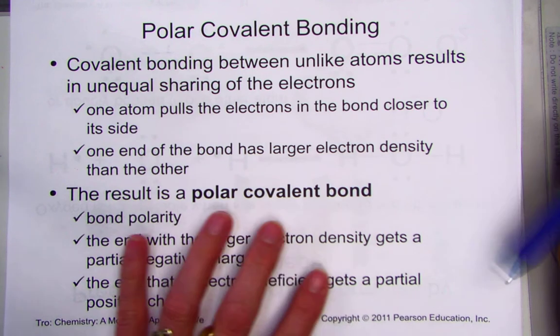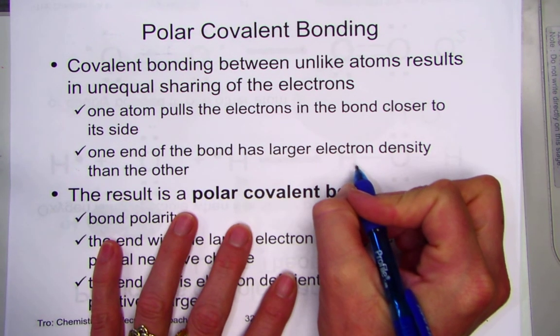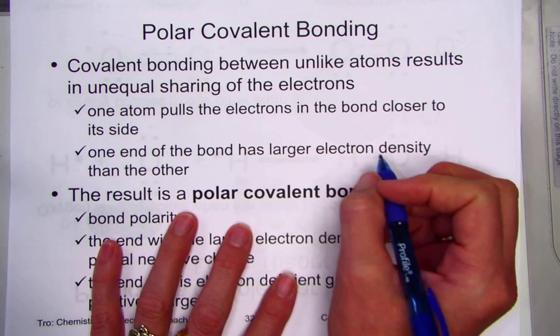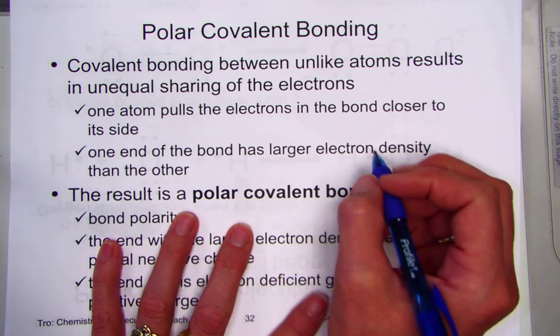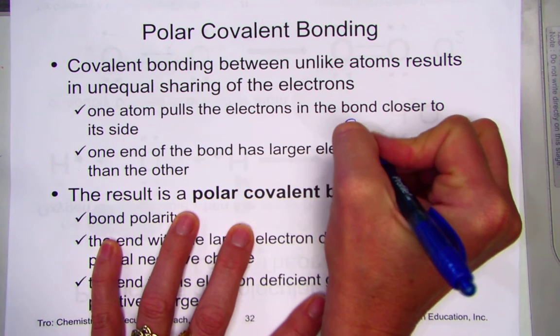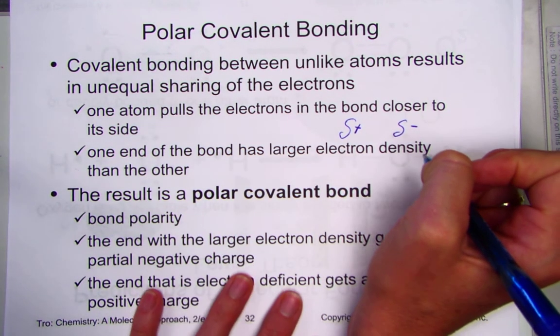The end of the bond that has a larger electron density then ends up to have a net negative region. The atom that is not as strong, and therefore has its electron being pulled away, ends up to have a net positive. And we just showed those symbols as partially positive and partially negative in regions of our molecule.